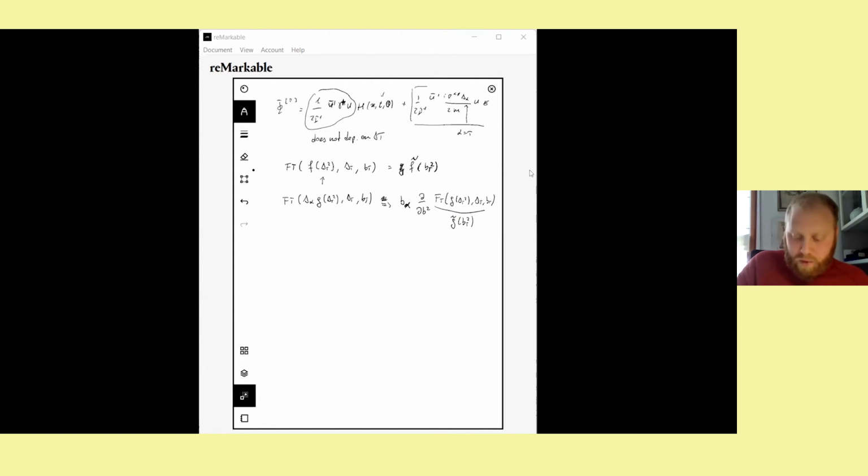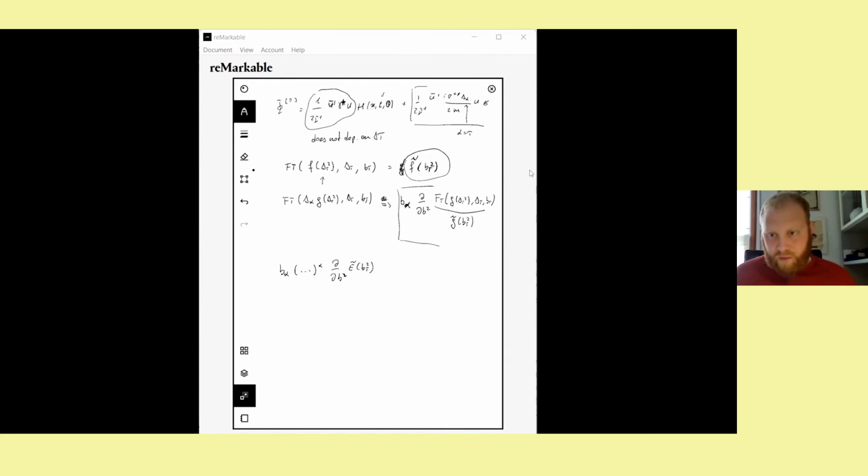For the H distribution, you just get its Fourier transform. For the E distribution, you get this combination that looks like b alpha, and then some prefactor that comes from all this stuff, and then the derivative over b squared of E, evaluated at b_t squared.